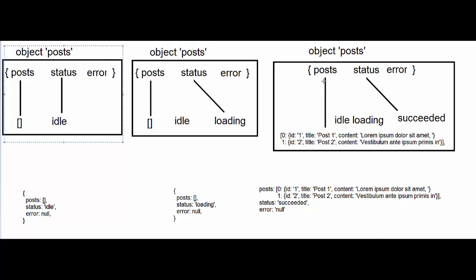How do we mutate it? Array is mutable. Primitives are not mutable, they are immutable. And array and object are mutable.